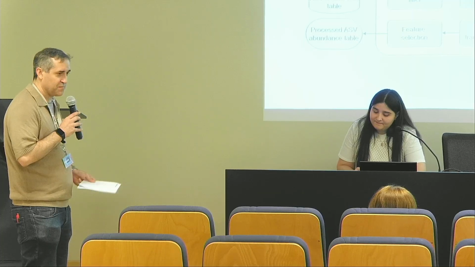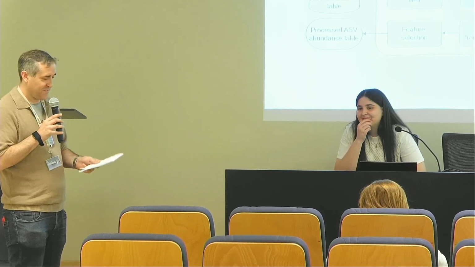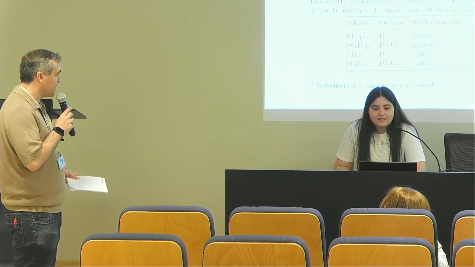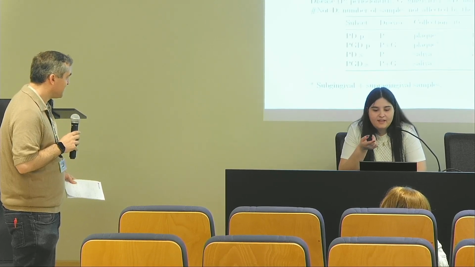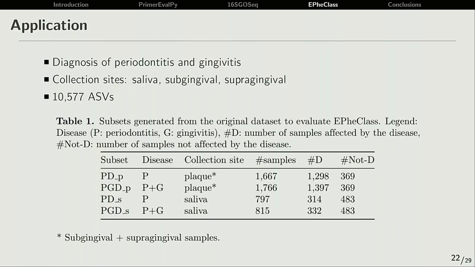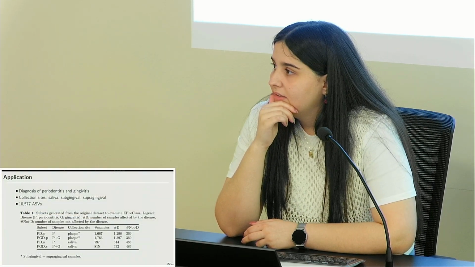Okay, one more thing. No questions yet? How large are the databases that you are handling? I'm curious about it. So here we used almost 2,180 samples. And how large are the samples?